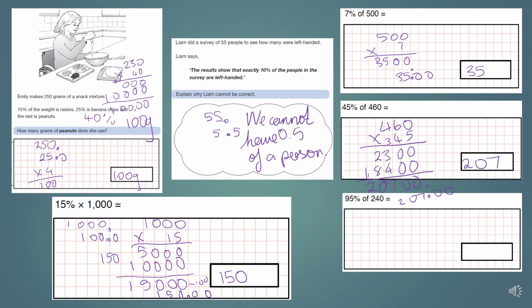207. Then 95% of 240, you can find 10%, you can times it by 9 and halve it and add on your 5%, or you can do it this way. 5 zeros, 5 fours are 20, 5 twos are 10, 2 is 12, 9 zeros, 9 fours are 36, 9 twos are 18, and 3 is 21.